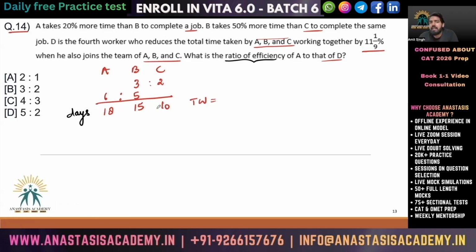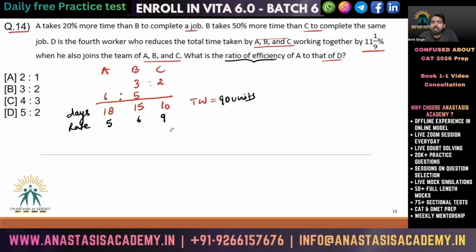So 18, 15, and 10. The total work I can assume would be 90 units, right? So the rate at which they work is 5, 6, and 9.